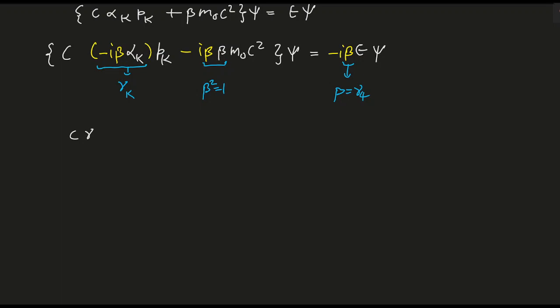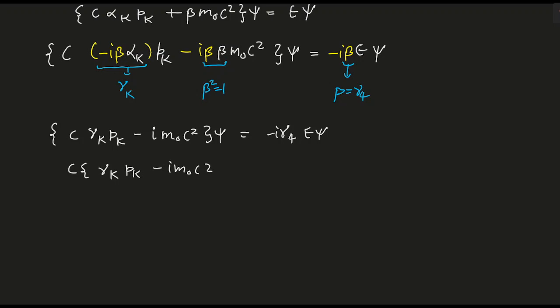So c times gamma k pk minus i times beta square is 1, m naught c square operating on psi, giving you minus i gamma 4 E into psi. Nice. Can we take anything common? Yes, we can take c common. So on taking c common, you get c times gamma k pk minus i m naught c psi, giving you minus i gamma 4 E psi.